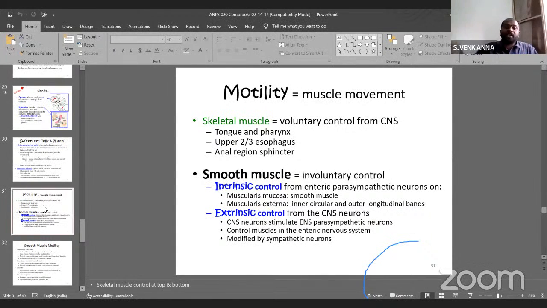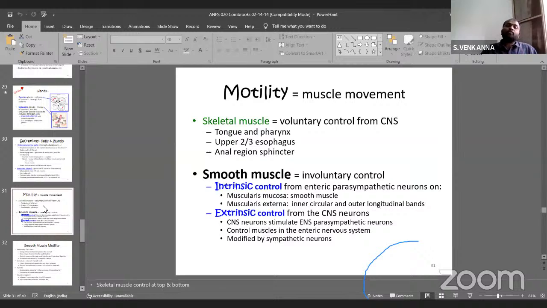They are in the tongue and pharynx, then the upper two-thirds of the esophagus, and the anal sphincter region. So these muscles are controlled by the CNS.